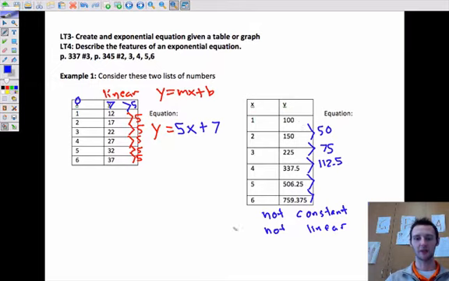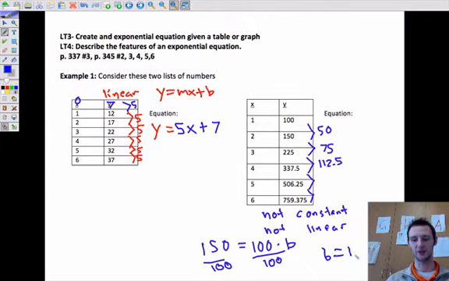If we're looking at 150 versus 100, we've got the equation 150 equals 100 times b, which is our multiplier. If I divide by 100 on both sides, I'll get that the multiplier b equals 1.5. And you can check that for our next set of points too.